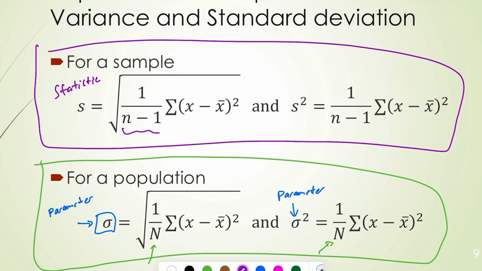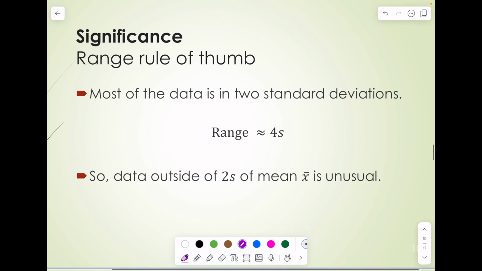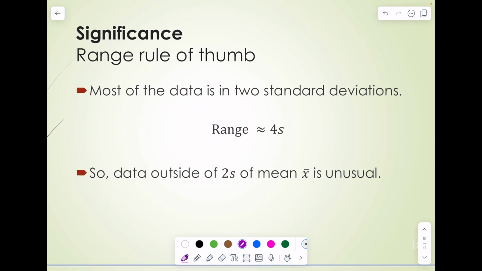If the number represents a sample, a statistic from a sample, we use normal Roman lettering. If, on the other hand, the value represents a population, we use Greek lettering. So the sigma is the Greek S. All right, now let's talk about significance, which is, as the name suggests, a very significant topic.